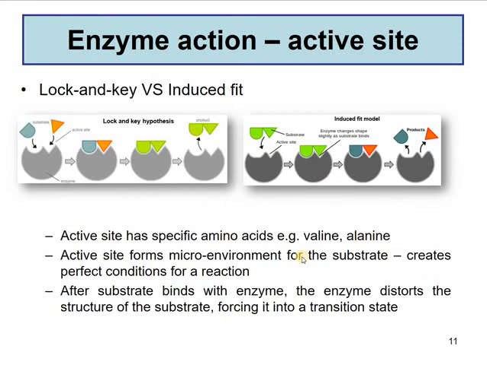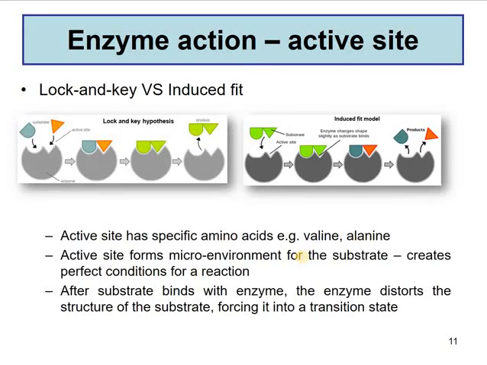And then in terms of the enzyme action, we already mentioned that the substrate will definitely have to fit on the actual enzyme for the reaction to take place. So there's two ways of explaining this. We have what we call the lock and key theory versus the induced fit. So the lock and key theory is one of the oldest theories that has been used.